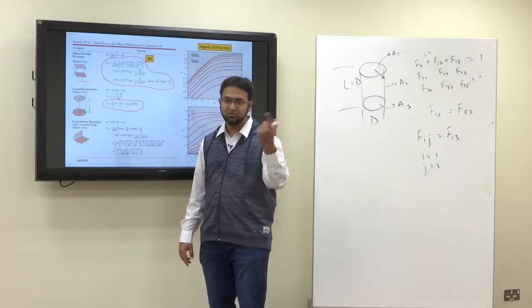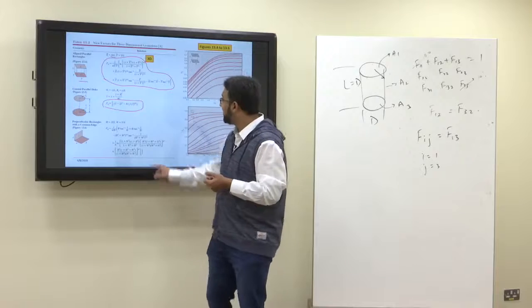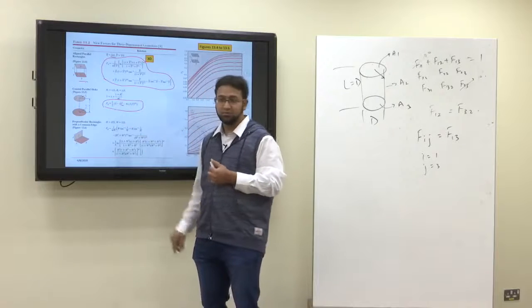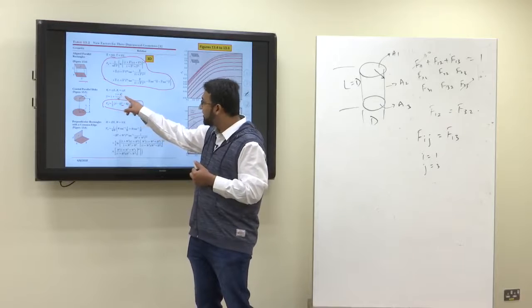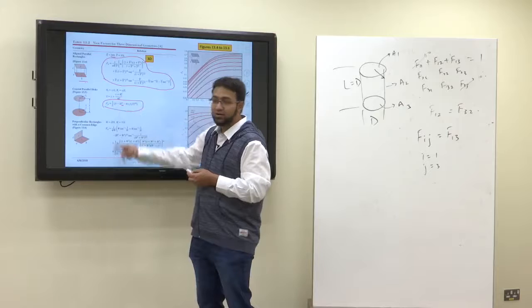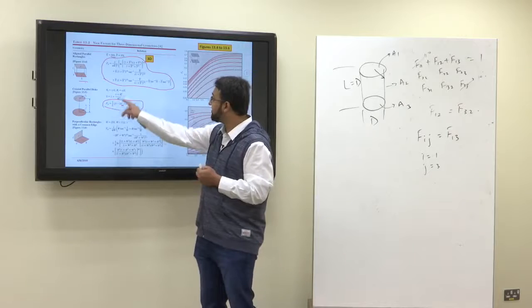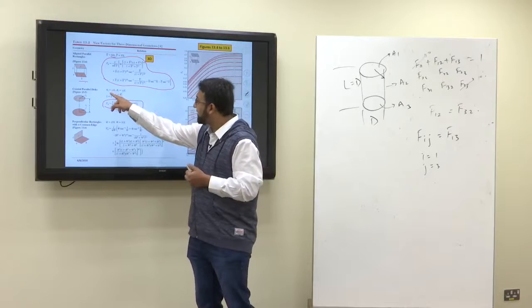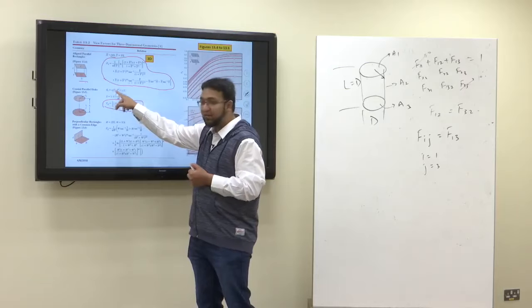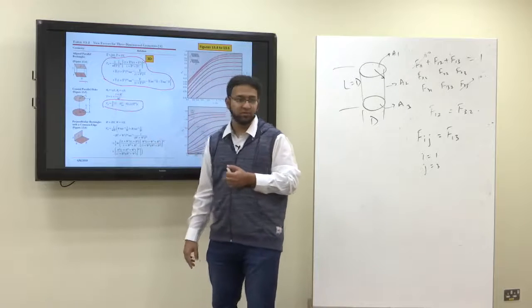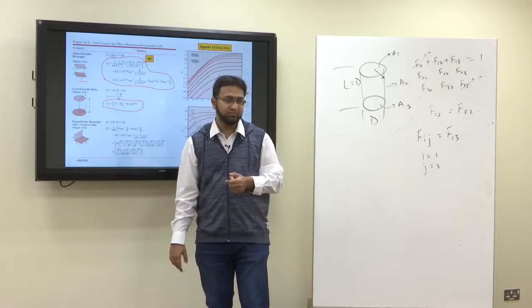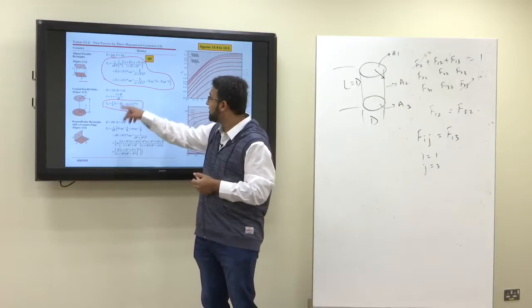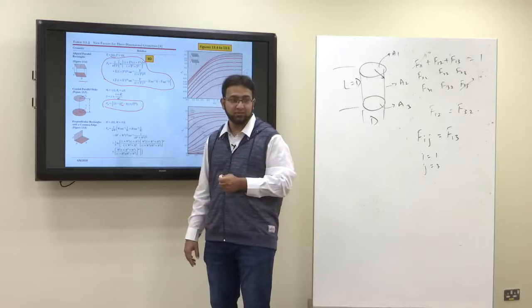In our case, the two radii are the same, but I need to find the s here. So s is basically 1 plus capital Rj square over capital Ri square. Capital Ri is Ri by L, radius divided by length, and here it is also radius divided by length.